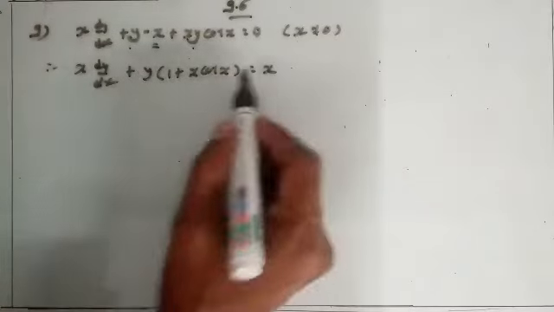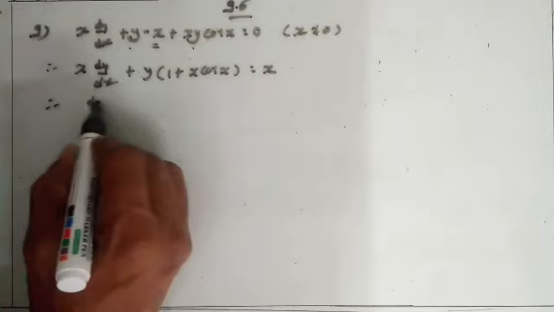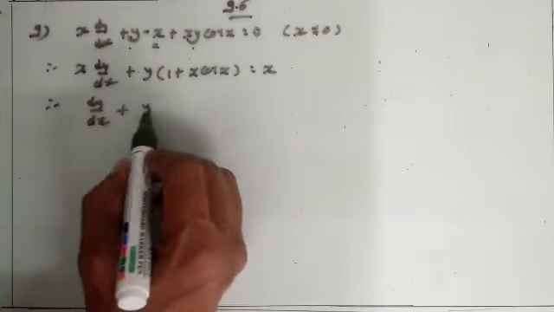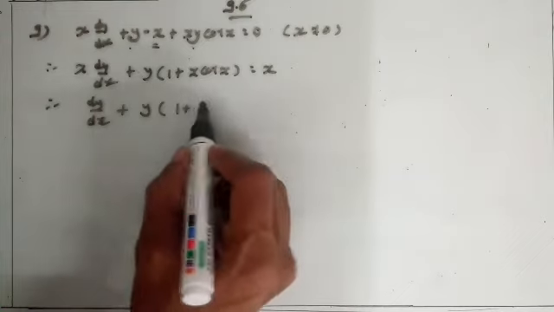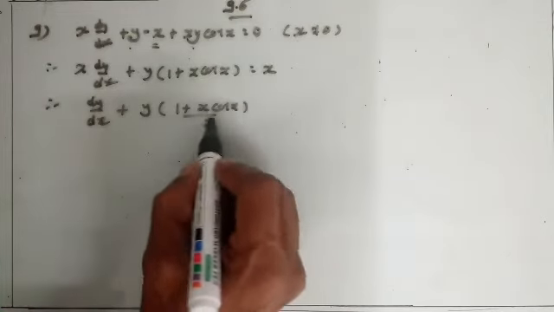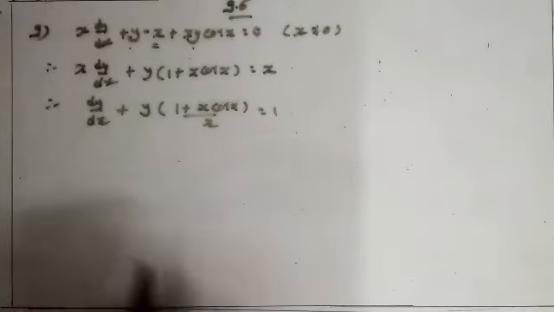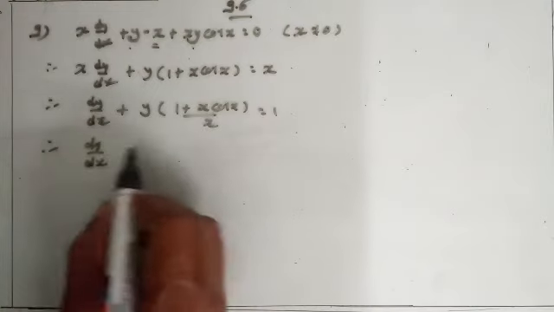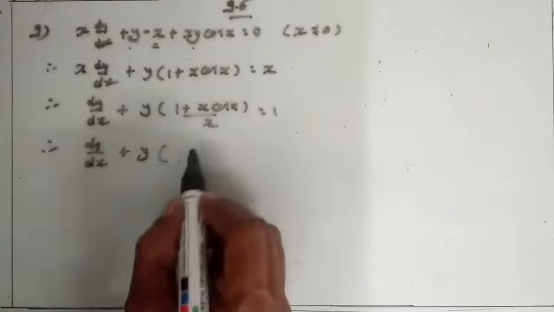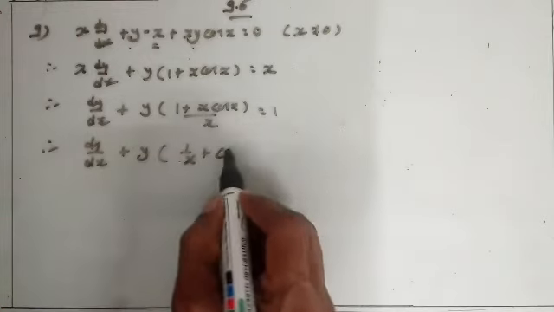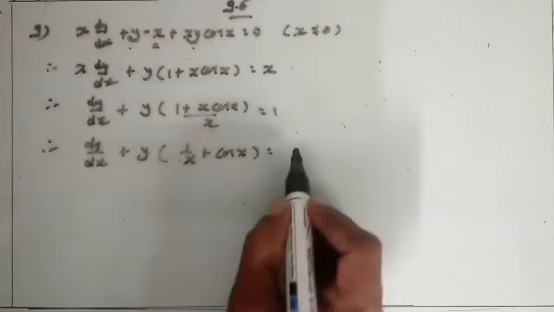Now dividing by x, we get dy/dx + y(1 + x cot x)/x = 1. Therefore dy/dx + y(1/x + cot x) = 1.